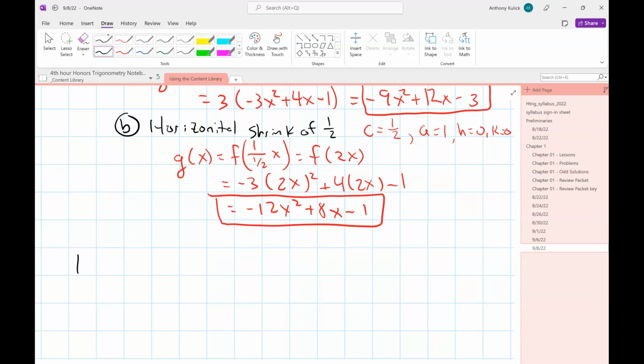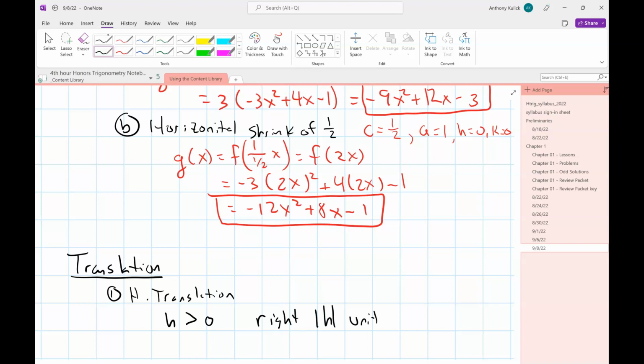Let's talk about the translations next. Notice that the A and the C covered both reflections and dilations, right? The sign on A and C indicated the reflection, and then the magnitude, the relative size of A and C, handled the dilation. We had two types of translations. We have a horizontal translation. So if the H is greater than 0, we're going to be going right H units.